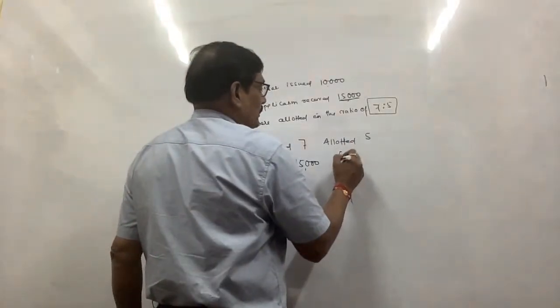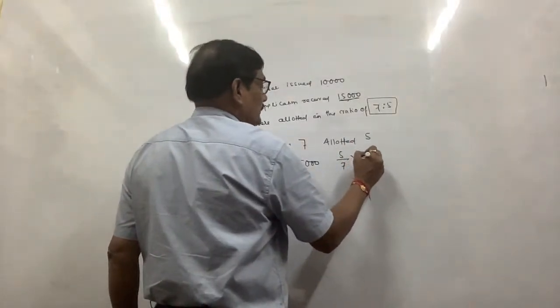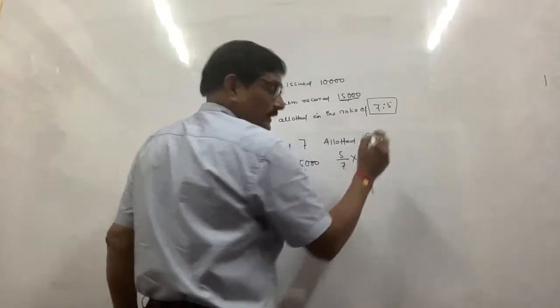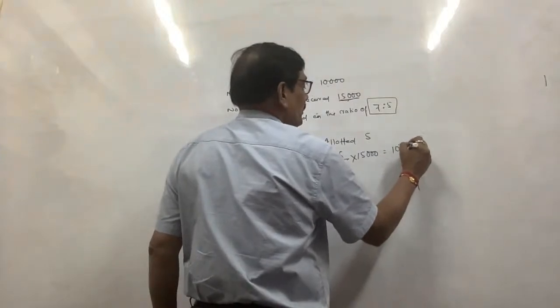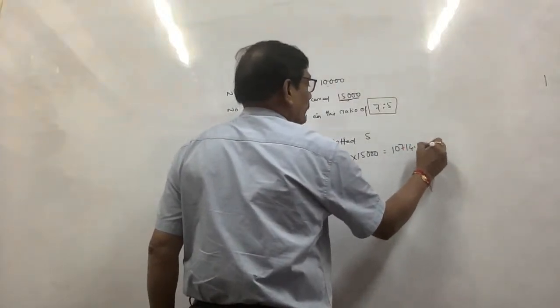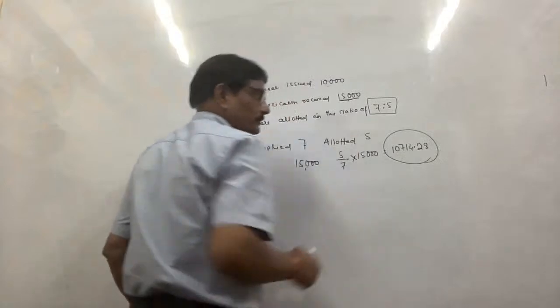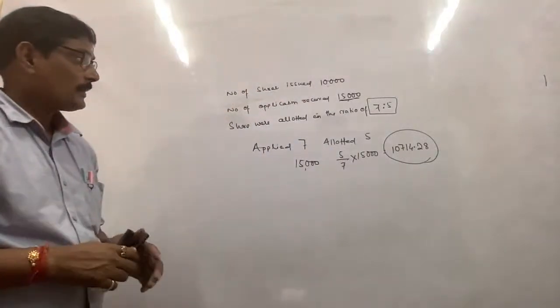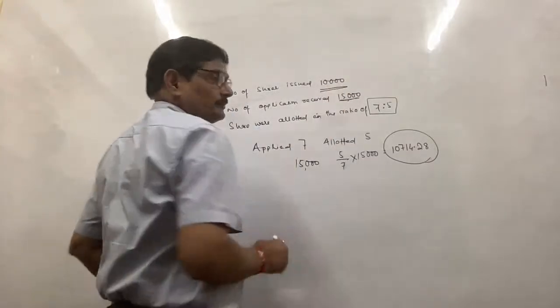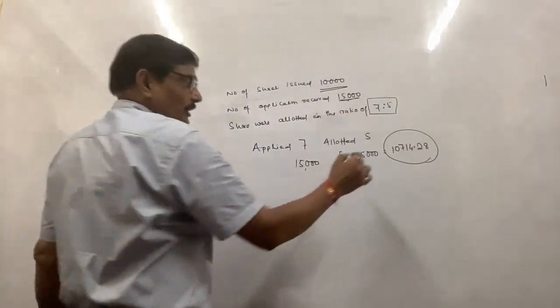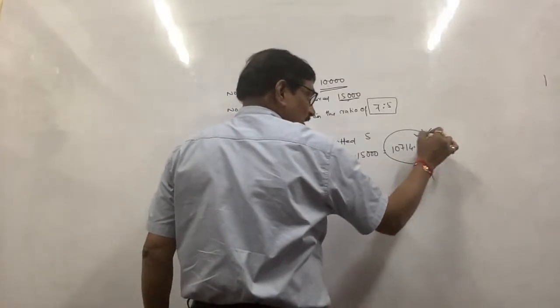It will be 5/7 into 15,000, and this comes to 10714.28. But I have only 10,000 shares. So we cannot issue more than 10,000 shares. So this is wrong.